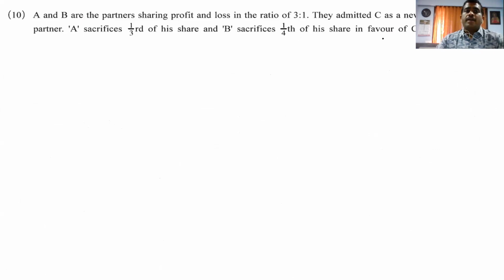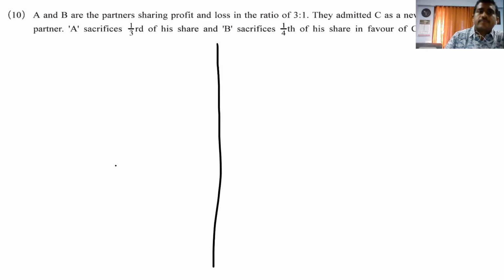A and B are partners sharing profit and loss in the ratio 3 is to 1. So I'm preparing the columns. Particulars, A, B, and finally the total.